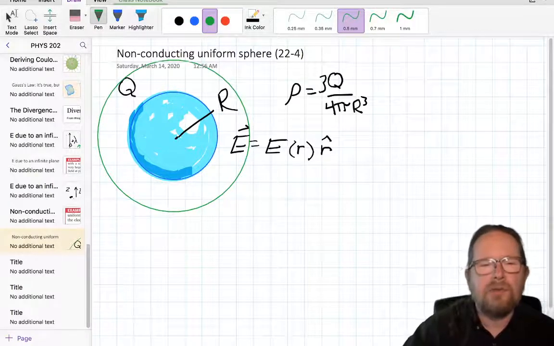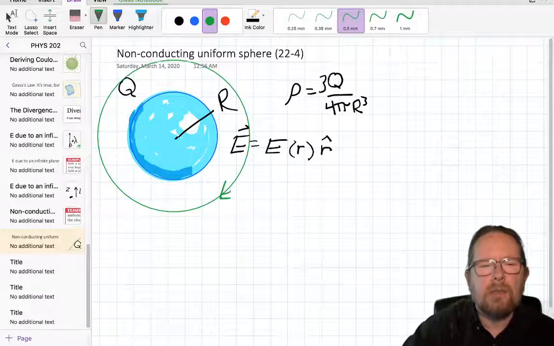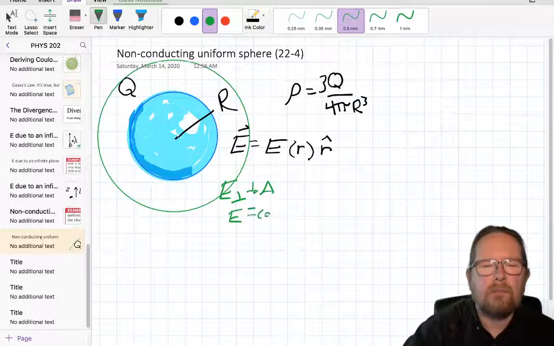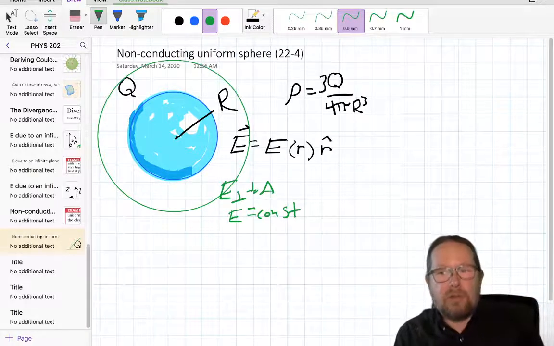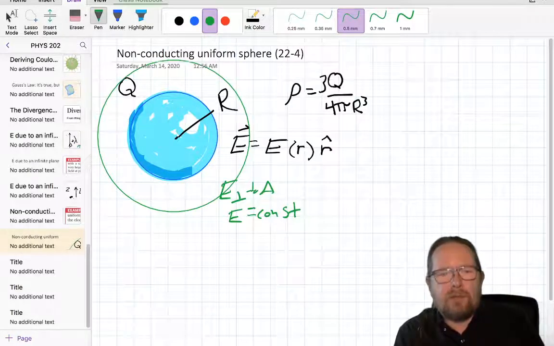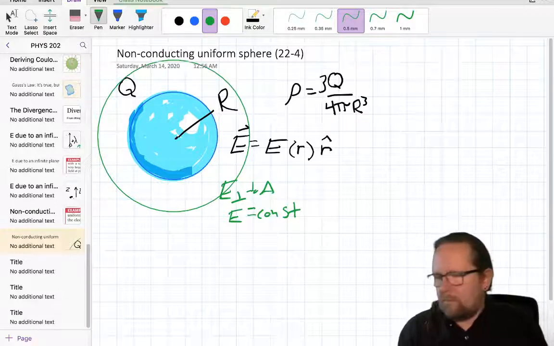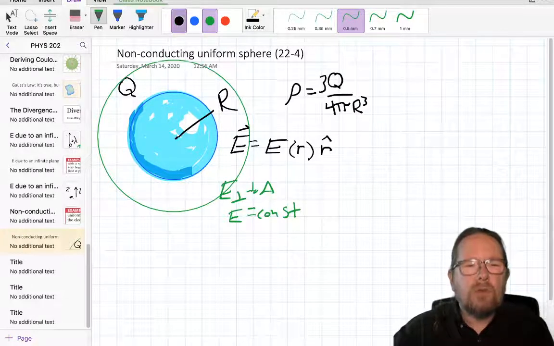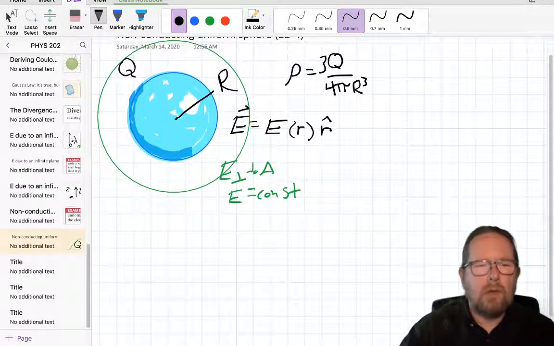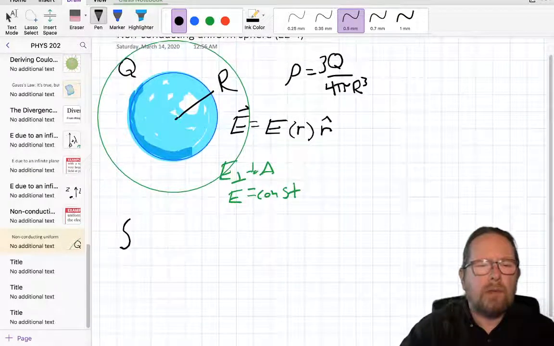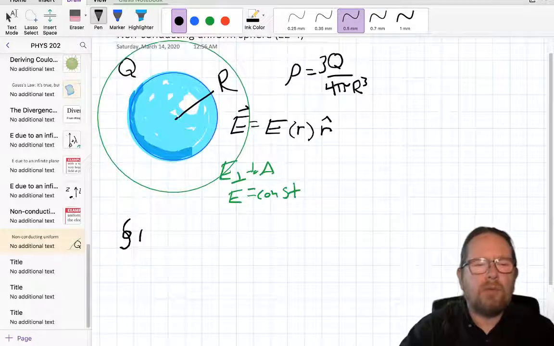So on this surface, E is perpendicular to A, and E is constant. It's that perpendicularness and that constantness that allows me to actually do the integral that Gauss's law needs me to do.